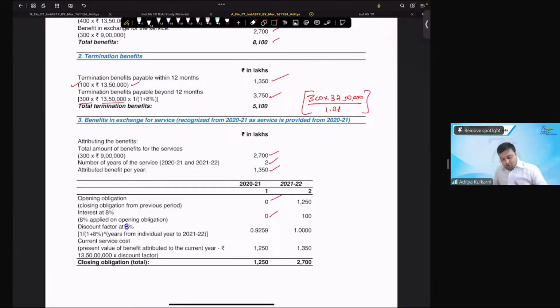So what is accruing today will be paid 1 year down the line, after 1 year. So therefore, 1 year of discounting. Present value of that will be 1,350 lakhs into 0.9259. So that comes to 1,250. Opening balance, interest at 8%, discount rate. So the closing comes to 2,700.